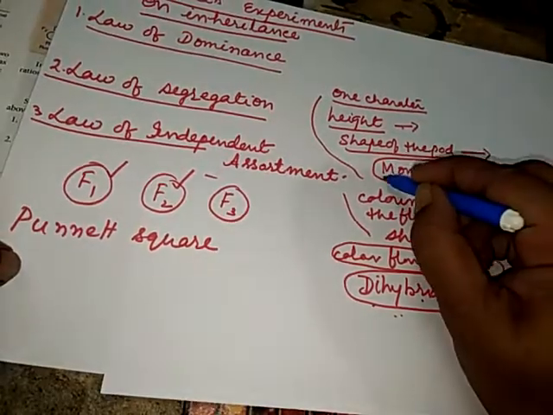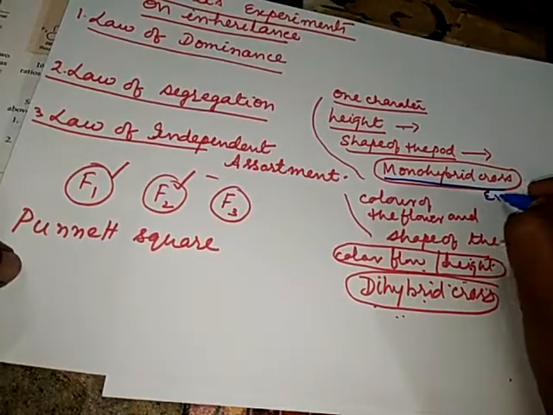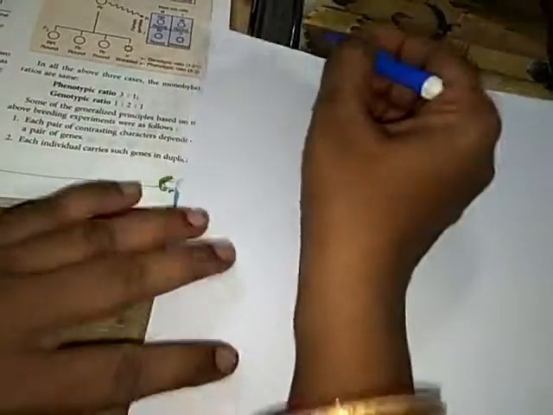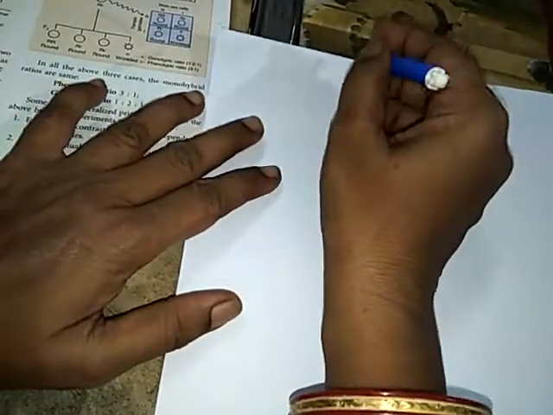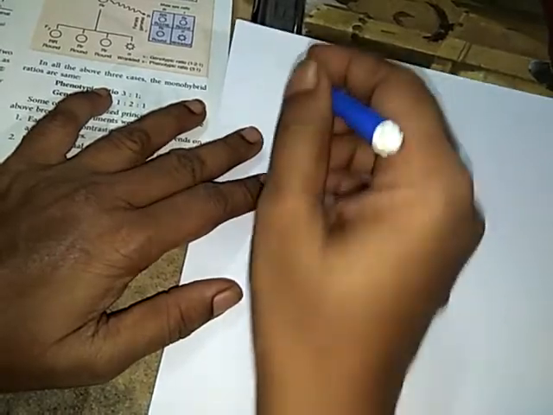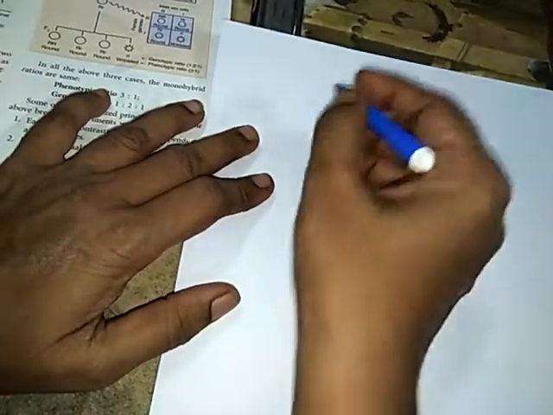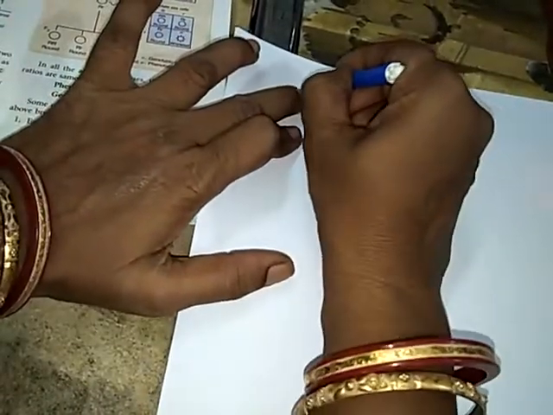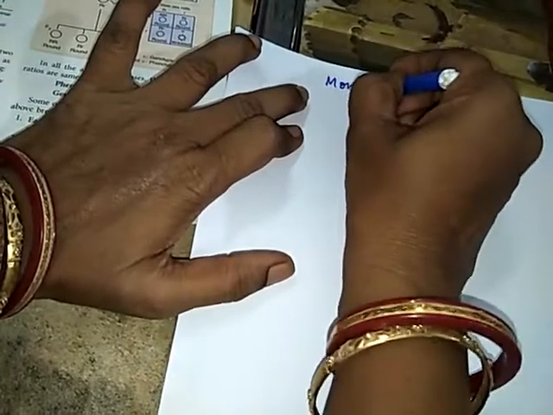For the monohybrid cross we will take an example. A pure breeding plant bearing terminal flowers is cross-pollinated with a pure breeding plant having axillary flowers.